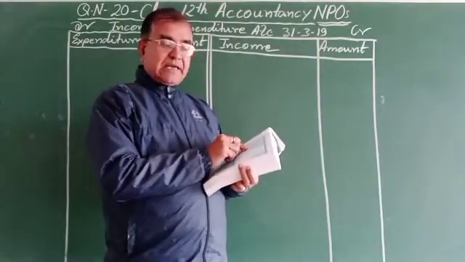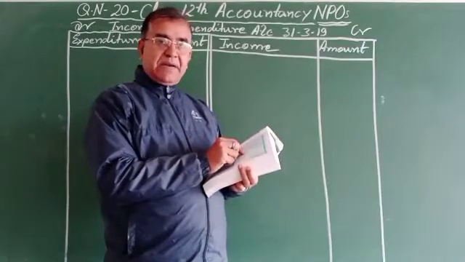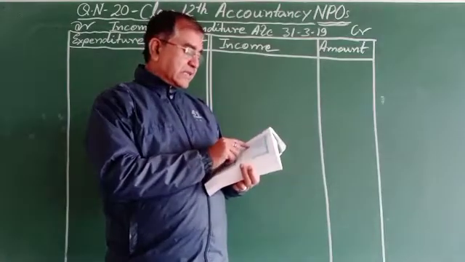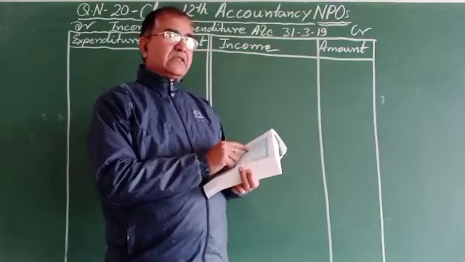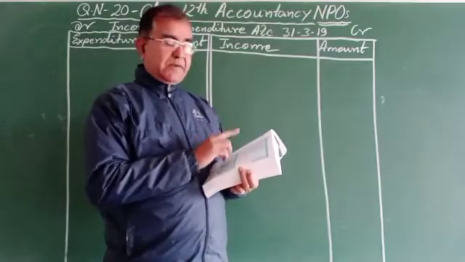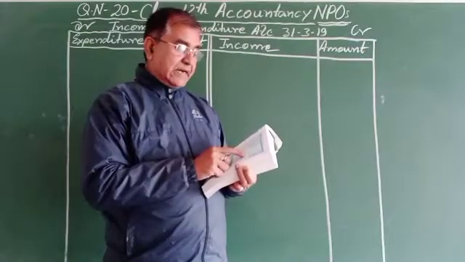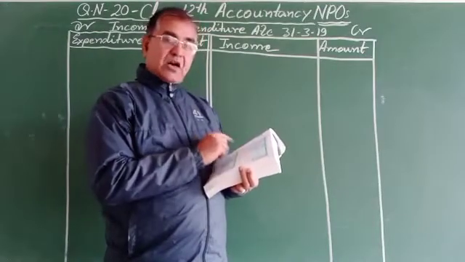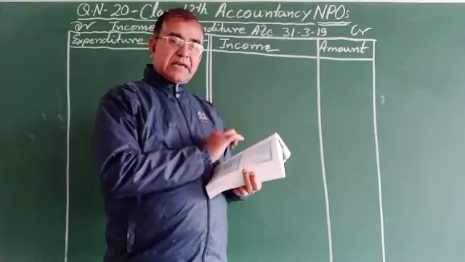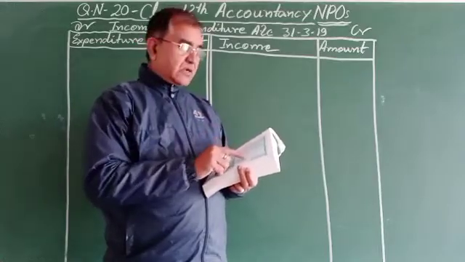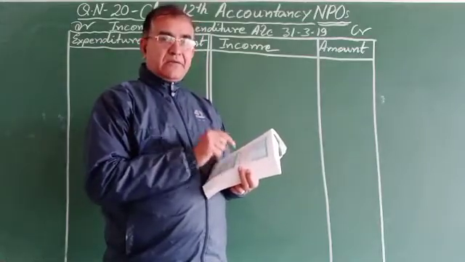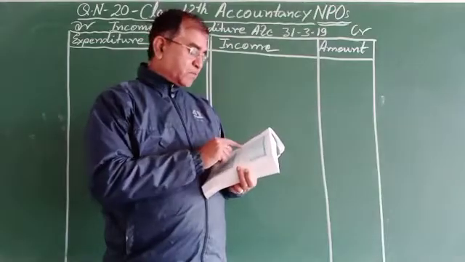Additional information given below the receipt and payment account. Subscription includes rupees 3,200 for the previous year. Rent includes 900 paid for the last year. Last year rent was due and just paid in this particular year.